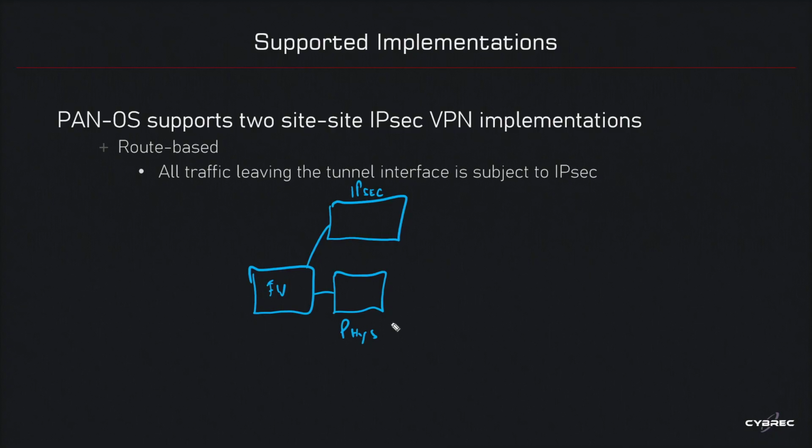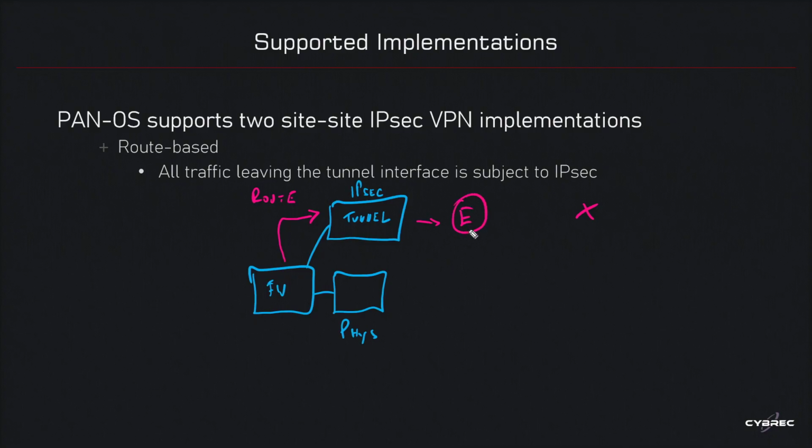So the IPsec interface is known as a tunnel interface, and the logic is basically that whatever traffic you route to the tunnel interface, so you will say that let's say for destination X, to reach it, you want to send packets to the tunnel. As a result, all of this traffic is going to be encrypted.